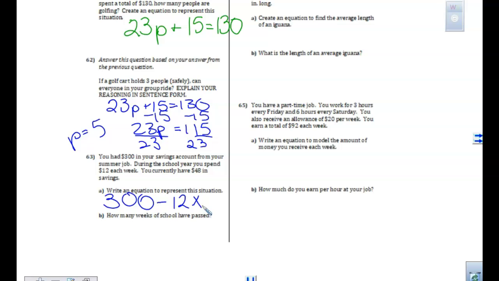No. And at the end of all this, we have in our account the 48, right? And so the question is saying, how many weeks of school have passed if we're down to $48? So you're just going to solve that equation. Okay?